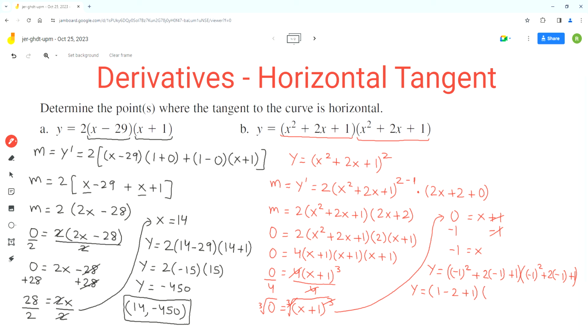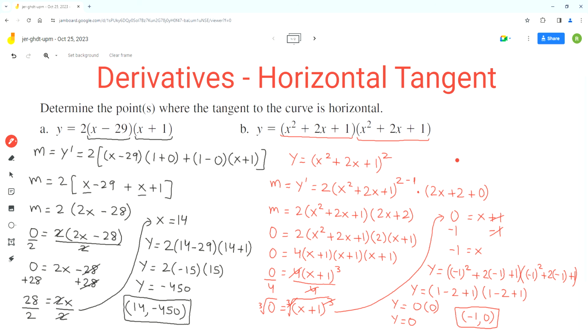And we get the same expression in the second parentheses, so 1 minus 2 plus 1. Now 1 minus 2 plus 1 is equal to 0. So we get 0 times 0, so y is equal to 0. That means there is only one point at which the tangent is horizontal to the second curve, and that point is (negative 1, 0). So this should be the final answer for the second curve.